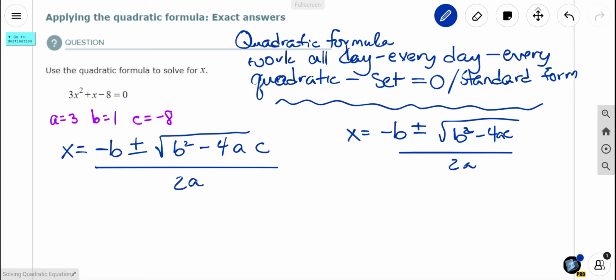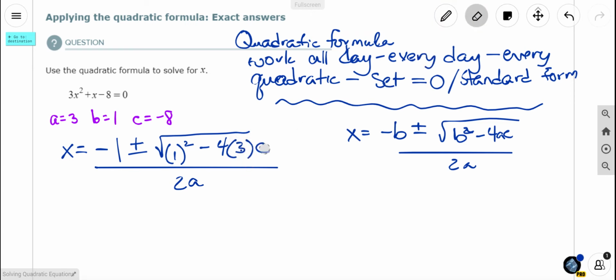Now I'm going to erase the parts and plug them in. Ready? It said opposite of B. What's B? 1. Then B squared. Put it in parentheses, people, and you won't screw up. I know positives don't matter, but negatives do. What's A? A is 3. And then what is C?